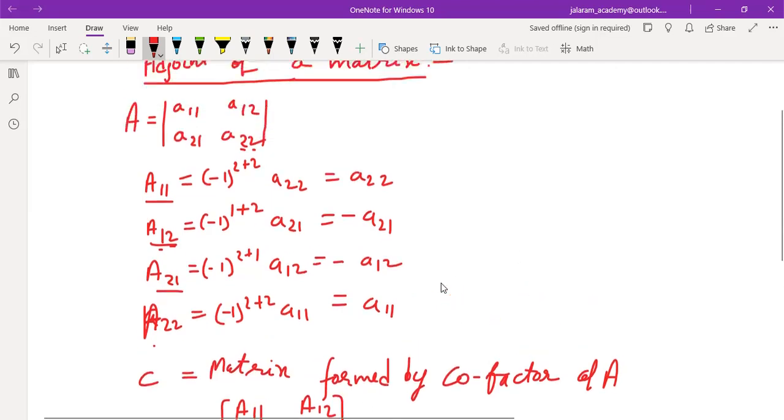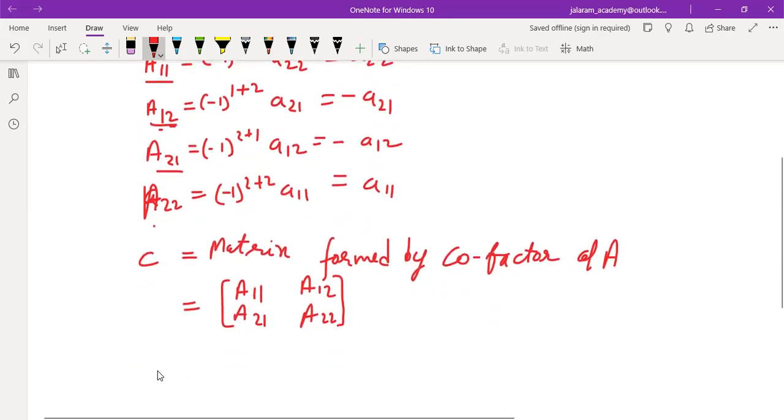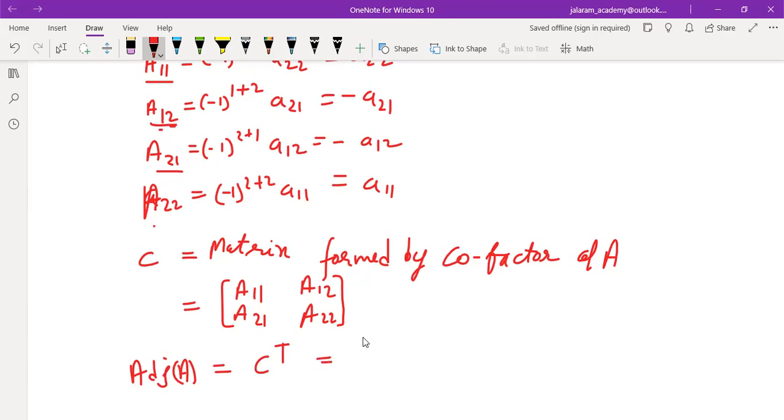And remember, adjoint A is the transpose of this matrix C. C transpose, that is, first row becomes the first column, A11, A12. Second row becomes the second column, A21, A22.